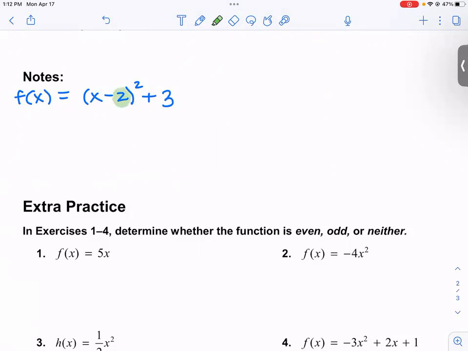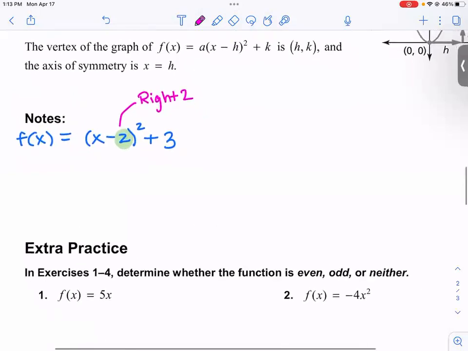X minus 2. What direction is that getting moved? It's inside the square. It's to the right. Okay, so here's what you need to wrap your head around.